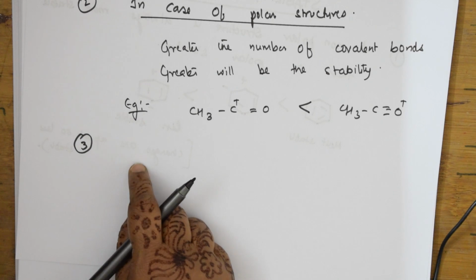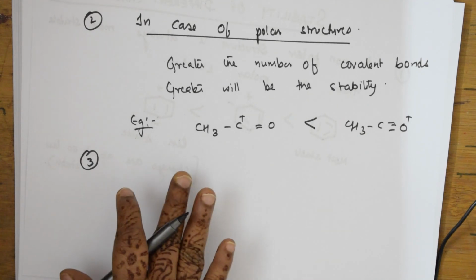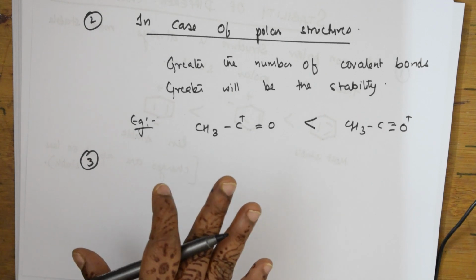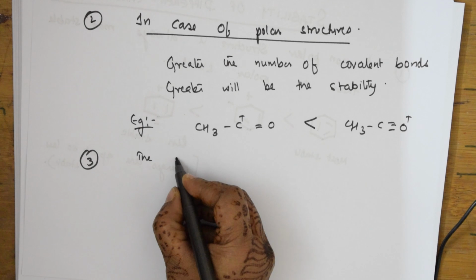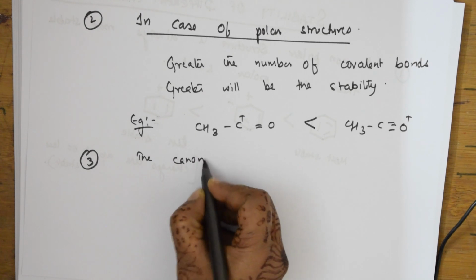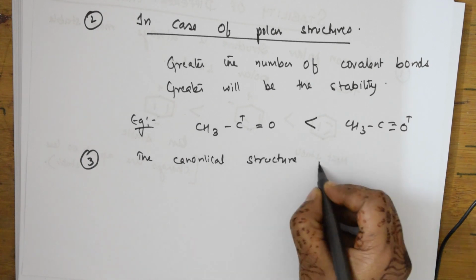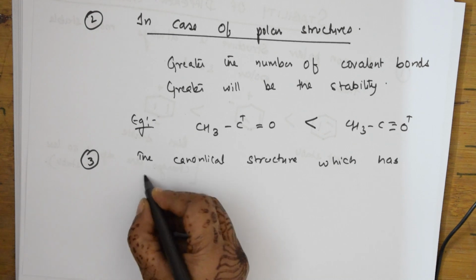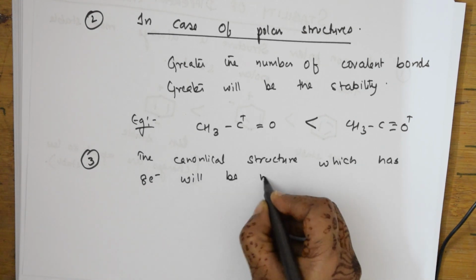Next one. Let's see one more. The canonical structure in which each atom has octet state is the more stable one. That means whichever canonical structure has more octet configuration, that will be the stable one. The canonical structure which has octet or 8 electrons will be more stable.